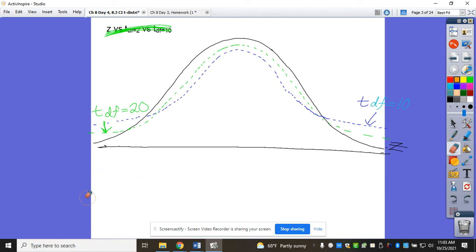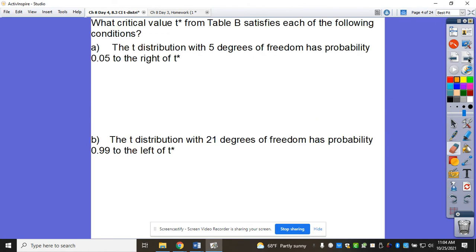So it's more conservative. T is not as tall in the middle, but it is taller on the outside than a Z. As my sample size increases, my T gets closer and closer to a Z. We always talk about the bigger your sample size, the more accurate you are. Well, the bigger your sample size, the closer you are to that Z distribution.